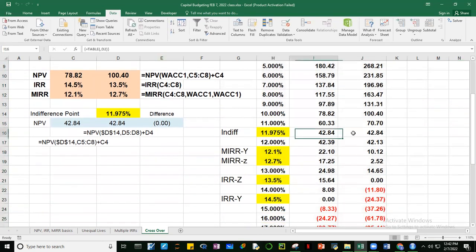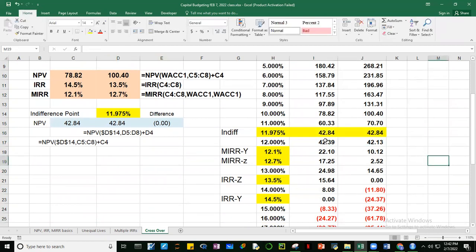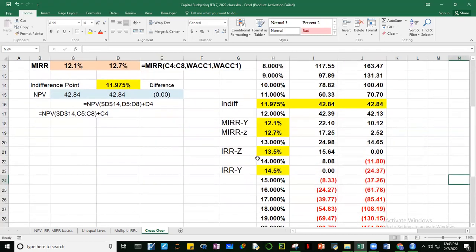So take note, guys, sa IRR, di ba ano nangyari? Di ba ang NPV natin magkapareho sila? So this is the indifference point. Sa IRR ni Z, that's the point when the NPV of Z is 0. Sa IRR ni Y, that's the point when the NPV of Y is 0.